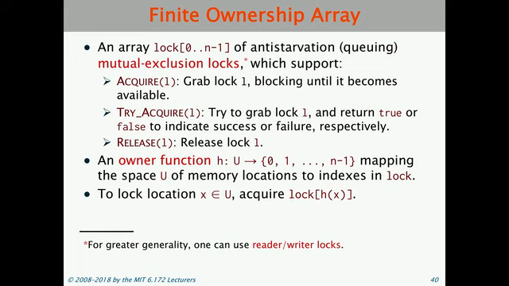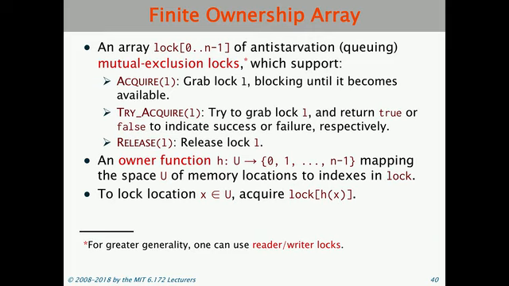Okay? So you have an array of anti-starvation mutual exclusion locks. These are ones that are going to be fair, so that you're always going for the oldest one. And you can do an acquire, but we're also going to add in a try acquire. Tell me whether, if I tried to acquire, I would get it. That is, if I get it, give it to me. If I don't get it, don't wait, just tell me that I didn't get it.